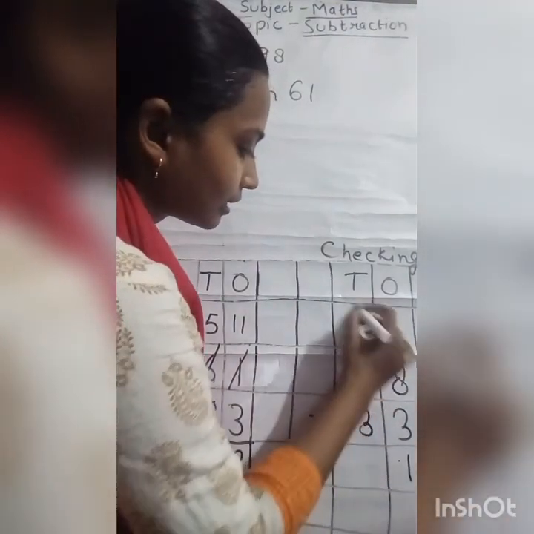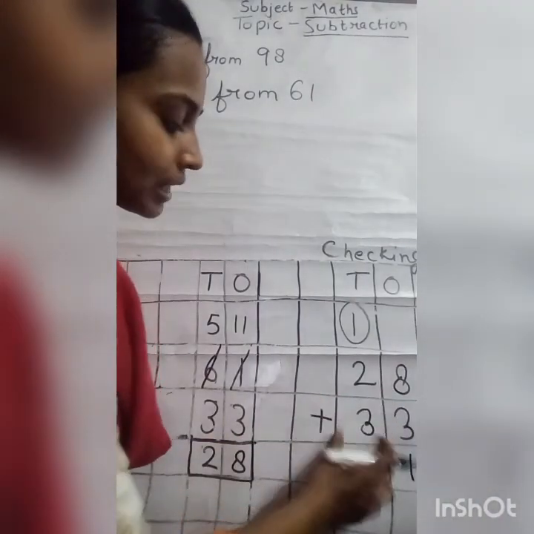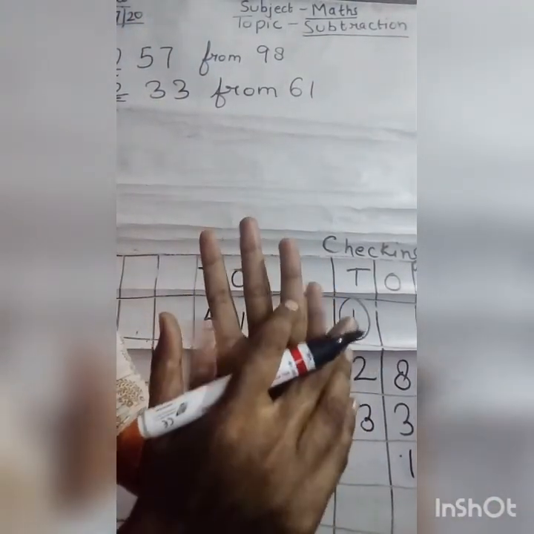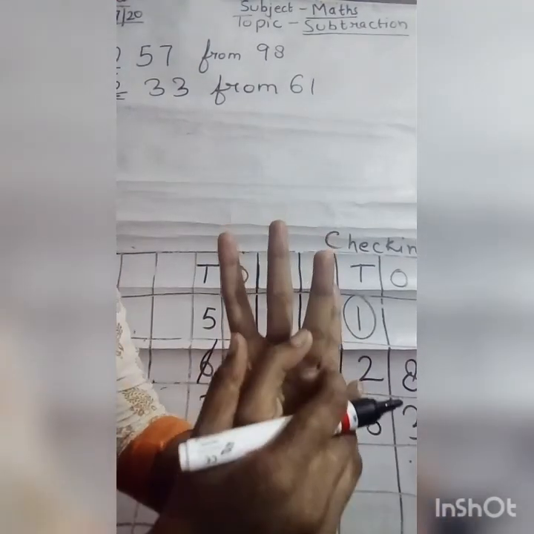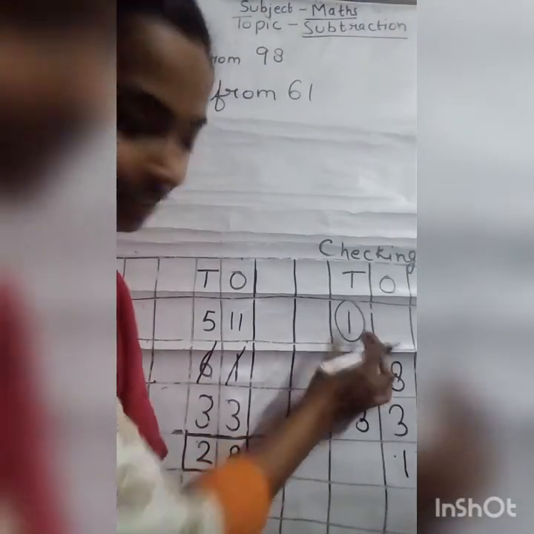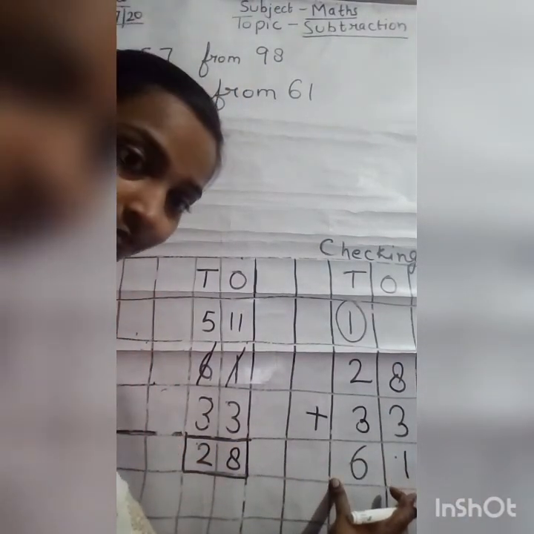But this is a 2-digit number, so 1 goes as the carrying number. So 2 plus 3 is 5. 5 plus 1 is 6. So 61 is the sum that we get.